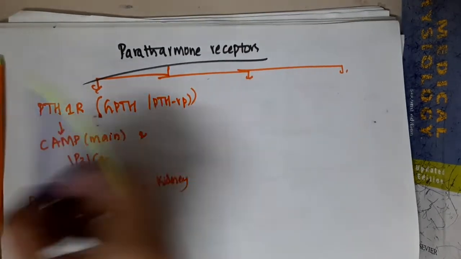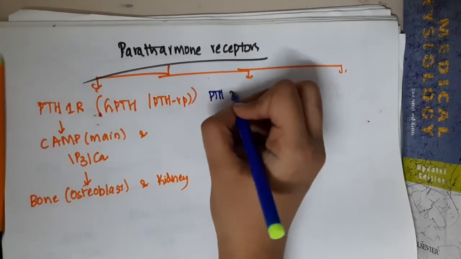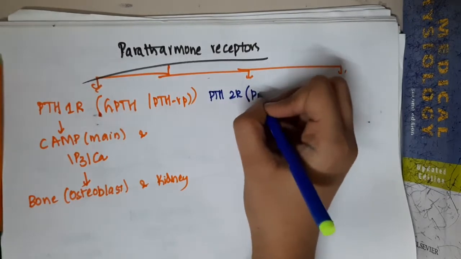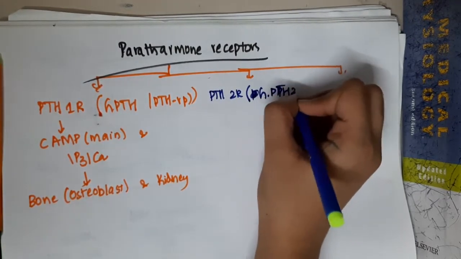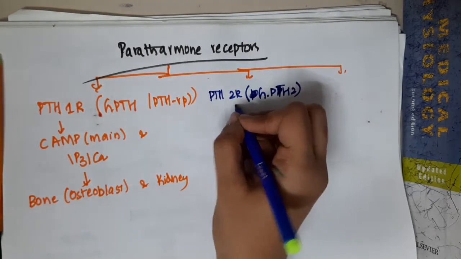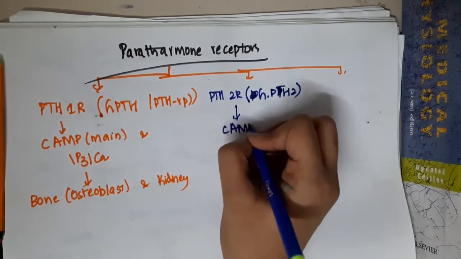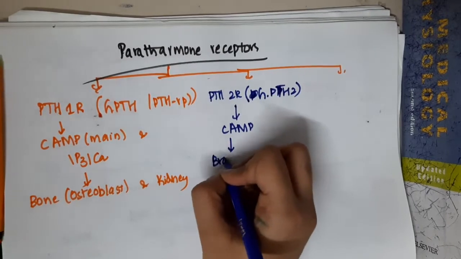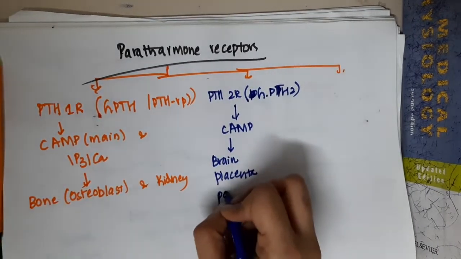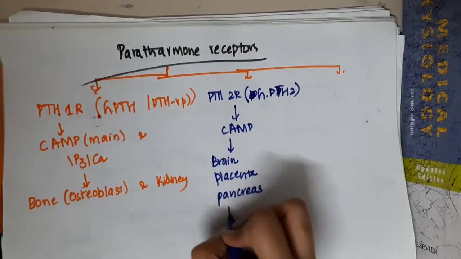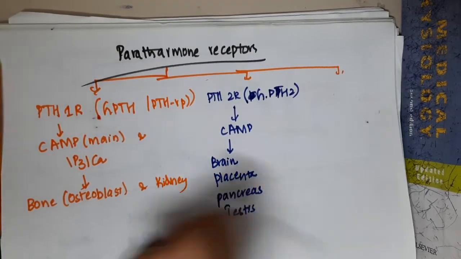Whereas the second one is the parathormone 2 receptor, which is for the hormone parathormone 2. This acts mainly by cyclic AMP, and it is present in brain, placenta, pancreas and testis.